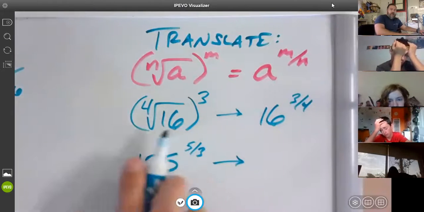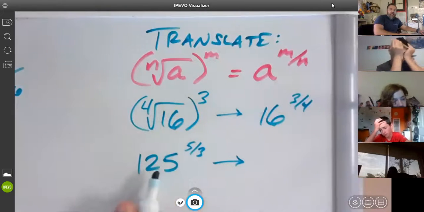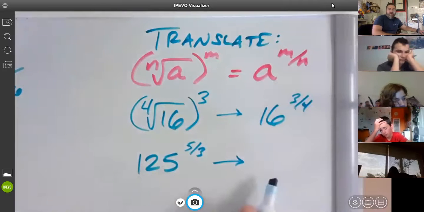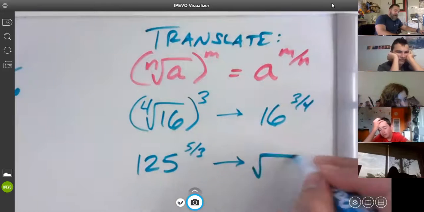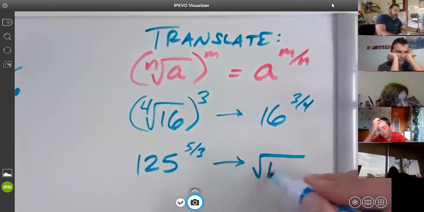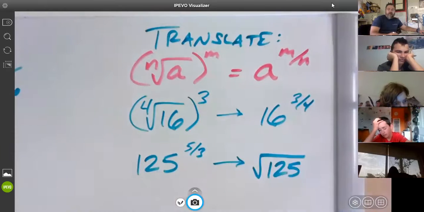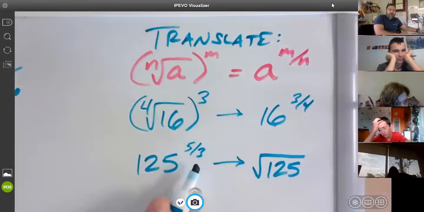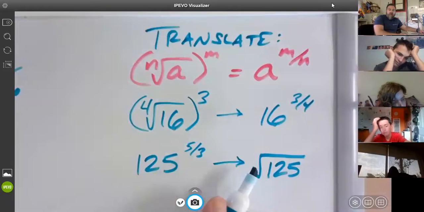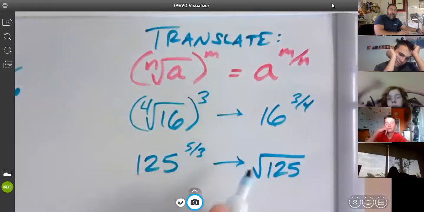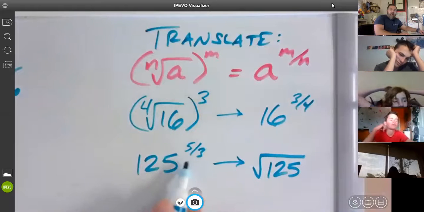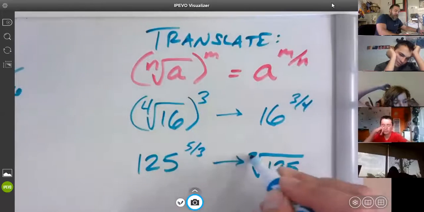If I start at the opposite end of the spectrum, now I have a rational exponent, and maybe they wanted a radical instead. So I have my radical sign. That 125 is what's going to go underneath it. Just like before, the denominator is the root value that's going to go here. So this would be the cube root, or the 3rd root, of 125.